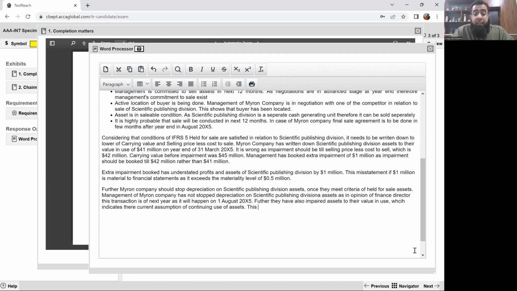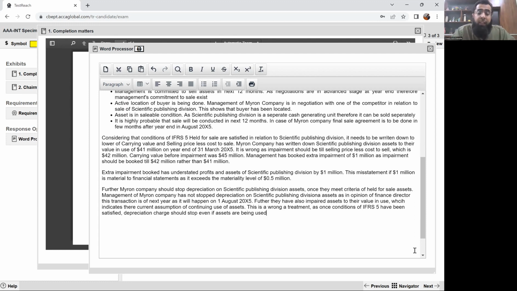Okay, this is a wrong treatment, as once conditions of IFRS 5 have been satisfied, depreciation charge should stop even if assets are being used.